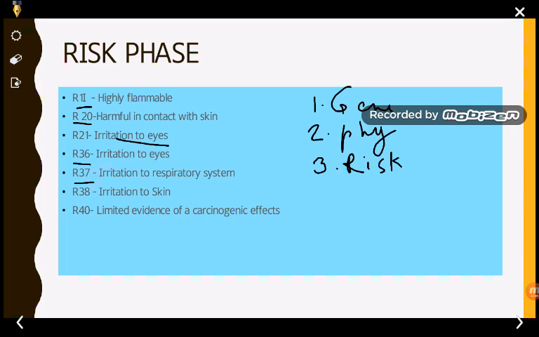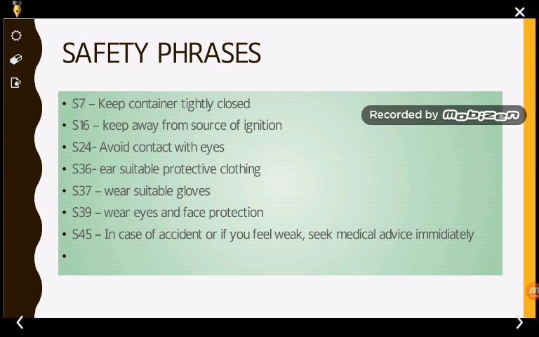These are the risks related to ethyl alcohol. So we have seen general information, physical and chemical characteristics, and the risk factors related to a particular chemical. Next, the fourth step, that is safety phases.